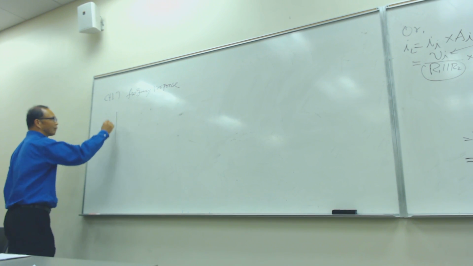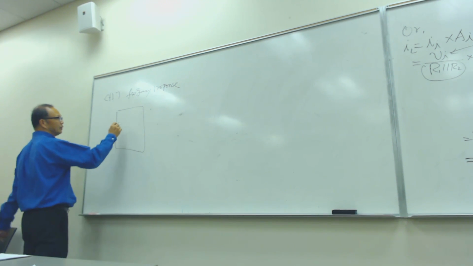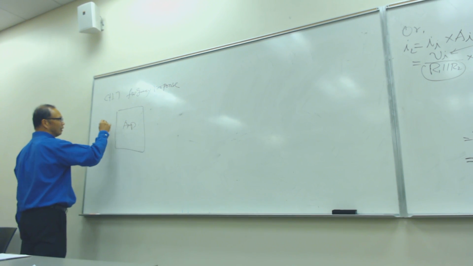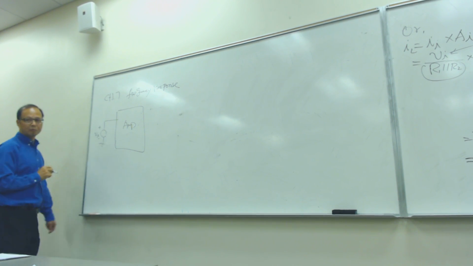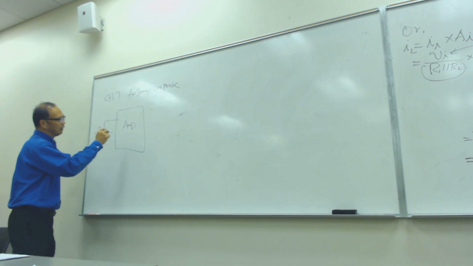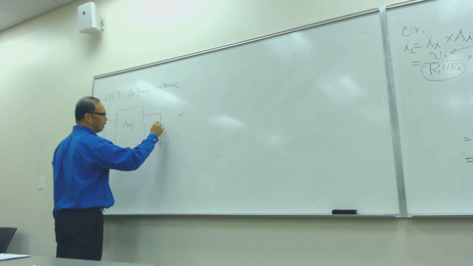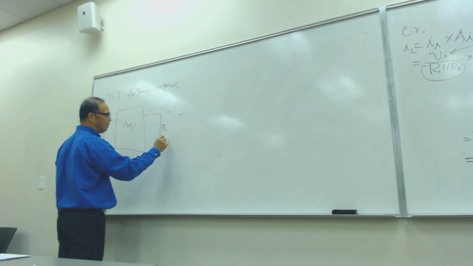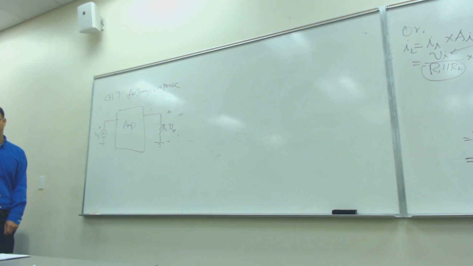So when we analyze a circuit, this is the amplifier. Basically you have V sub I as the input source, and then you have a load, and then you have V sub O, the output.